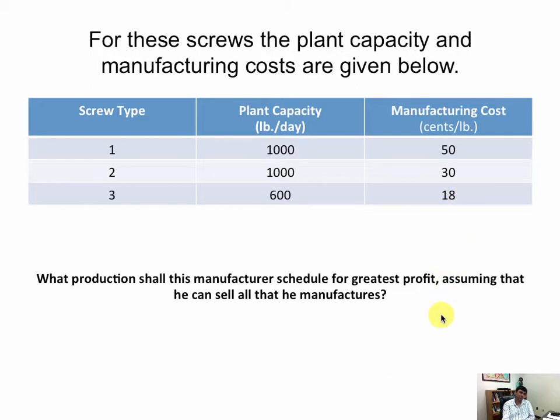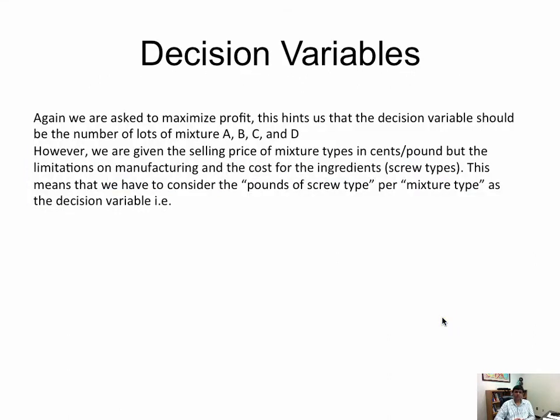The question we are asked is, what production shall this manufacturer schedule for the greatest profit, assuming that he can sell all that he manufactures? For decision variables, we are asked to maximize the profit. This hints that the decision variable should be the number of lots of mixture A, B, C, and D, because we are given the selling price of the mixture.